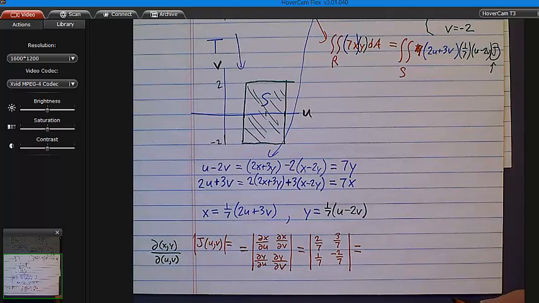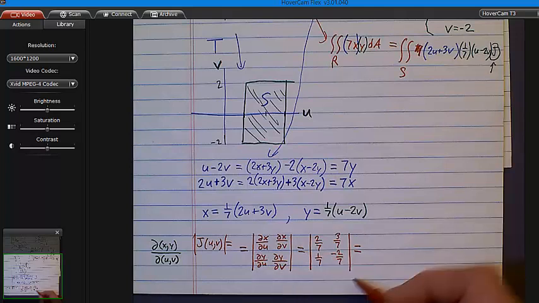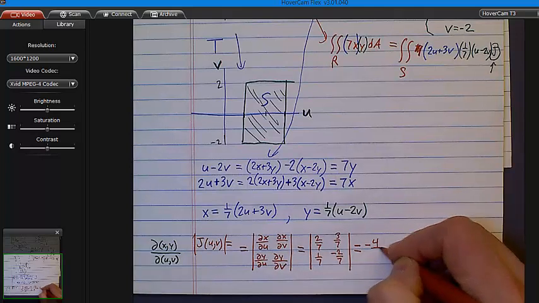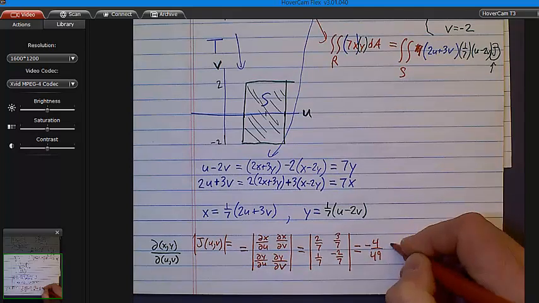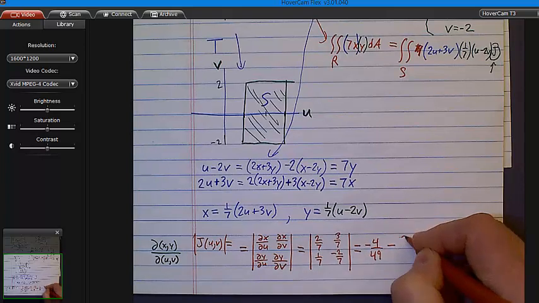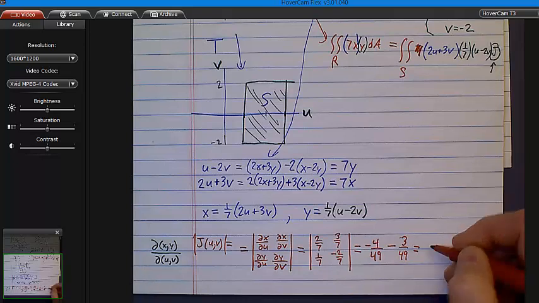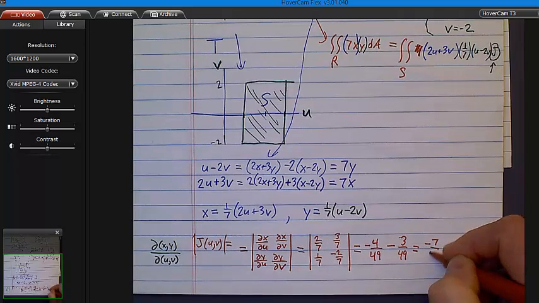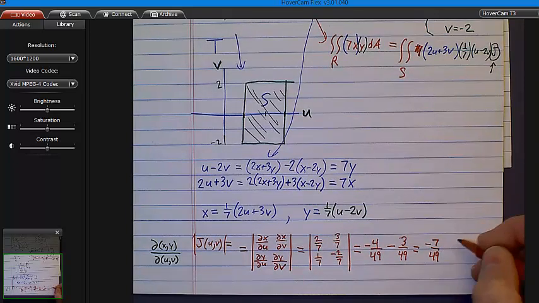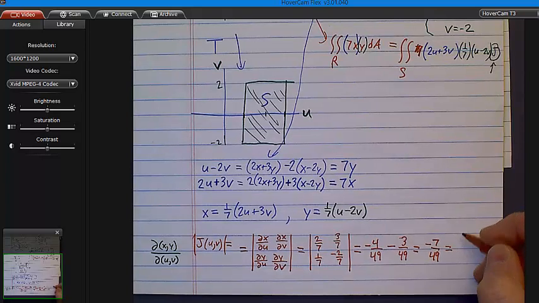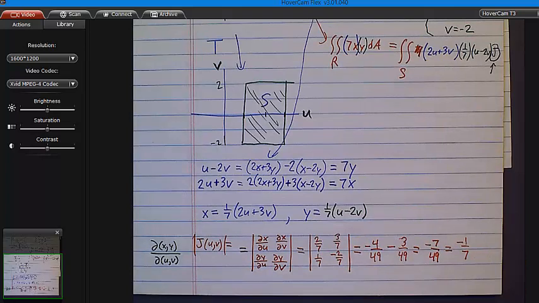And so I can work out what the Jacobian is. The determinant would be, let's see, negative 4/49 minus 3/49 equals, oh, I love it. Not only did I get negative 7/49, but I can simplify that to be, they were really nice to me with this example.